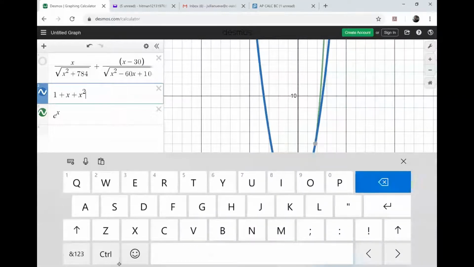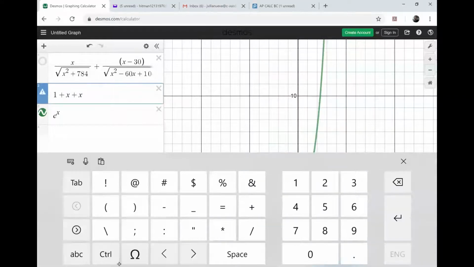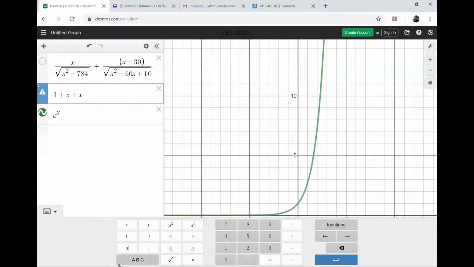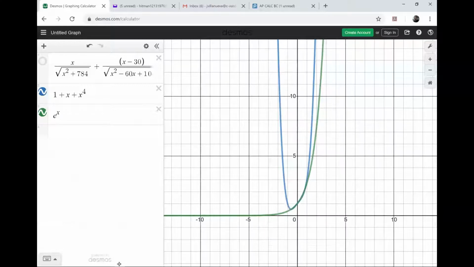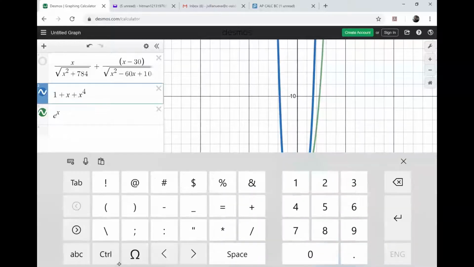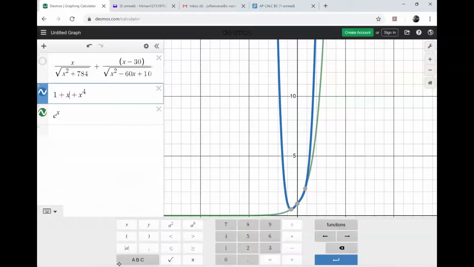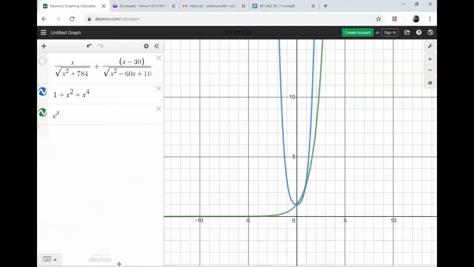What if I make this like a fourth power? Now, I don't know what's going to happen right now, so let's find out. Power of 4. Maybe I need a square term in there, so let me put in a square term there. And the more I mess with it, and the more degrees I start putting into it, what you're going to notice is it starts to mimic the graph more and more.